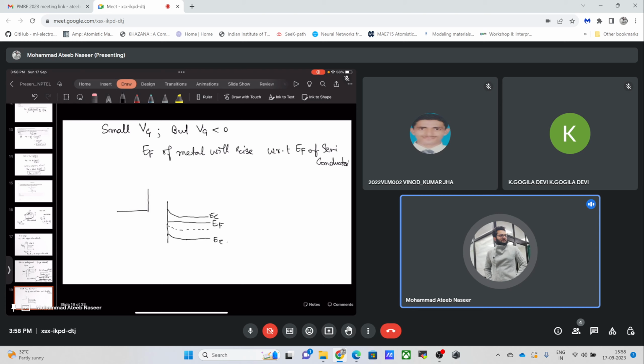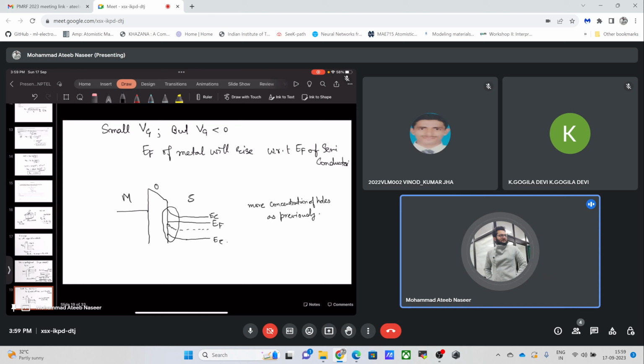So it simply means that this metal, oxide and semiconductor interface now has a higher concentration of holes than previously.